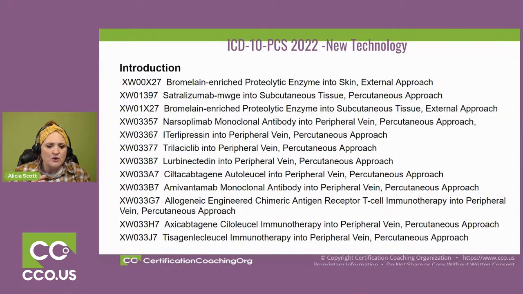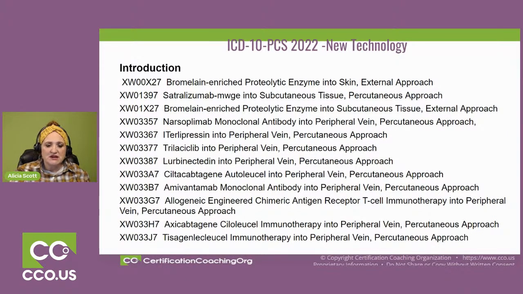Notice third from the bottom, XW033G7, allogeneic engineered chimeric antigen receptor T cell immunotherapy. If you don't know much about T cells, they have a real close relationship to immunotherapy, and they're always doing stuff with immunotherapy. So that's kind of interesting.